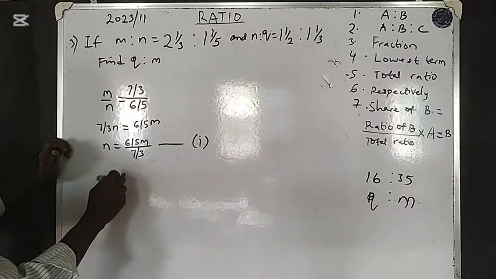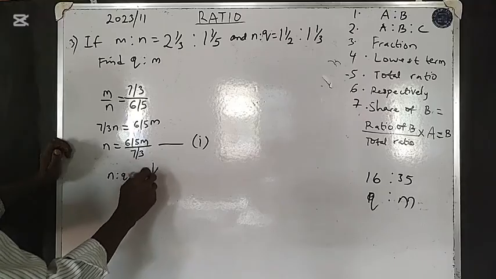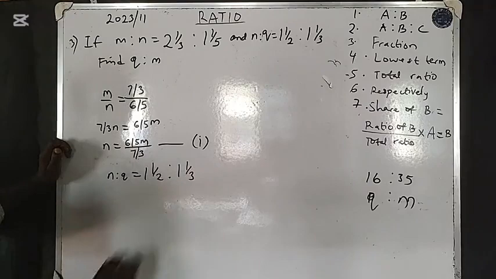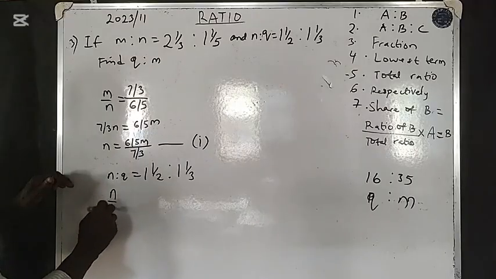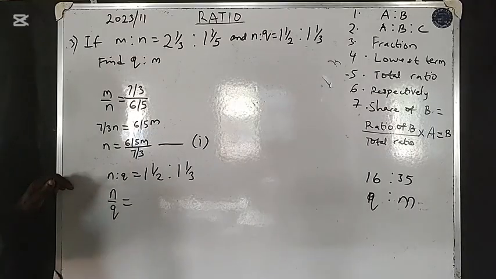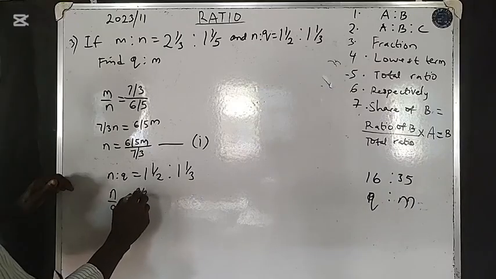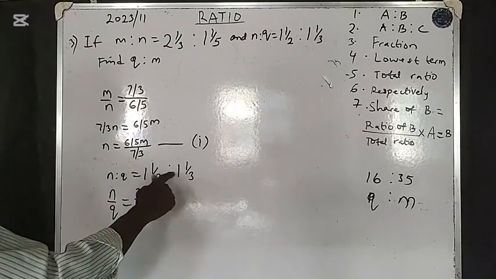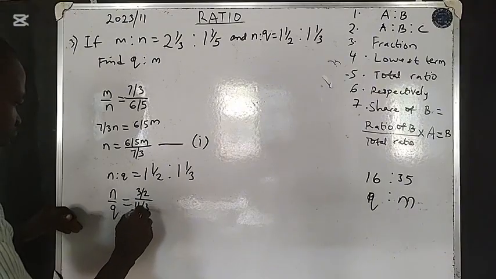N ratio q is equal to 1 over 1 over 2 ratio 1 over 1 over 3. Right? So we write n over q equals, this will give us 3 over 2, right? 2 times 1, 2 plus 1, 3 over 2. This one will give us 4 over 3. 3 times 1, 3 plus 1, 4 over 3.